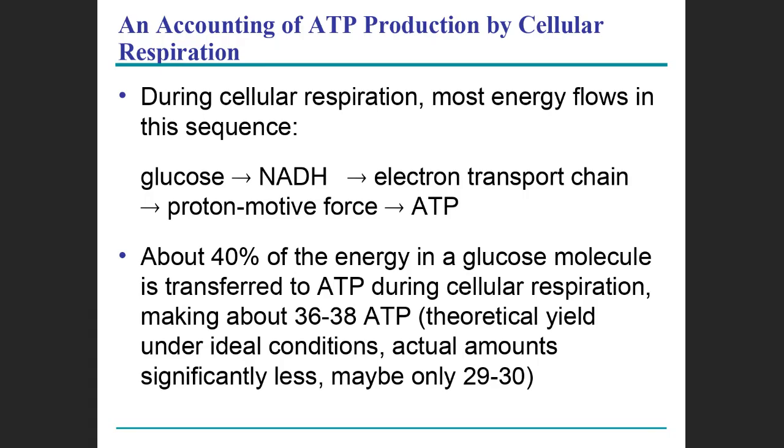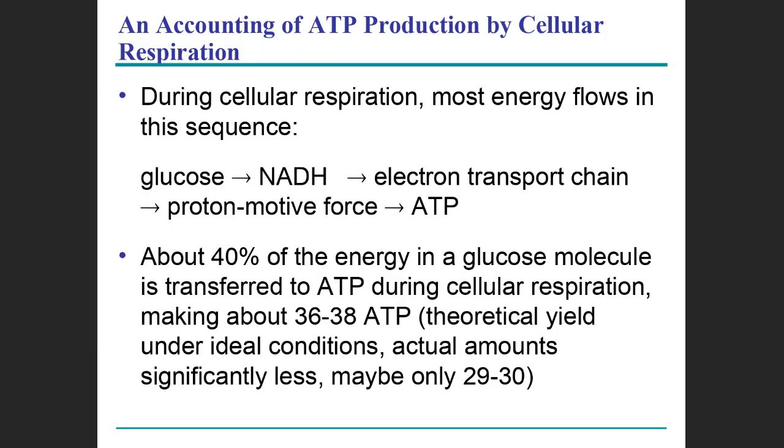Now, I'm going to talk about how many ATPs are produced, and the numbers that I'm going to give you are the maximum theoretical yields. So that's if the system of making ATP were perfect, absolutely no waste. No such systems exist. But if everything were perfect, we get a maximum 36 to 38 molecules of ATP.